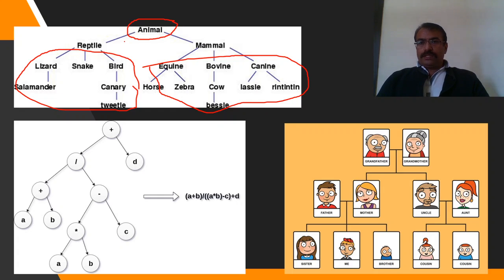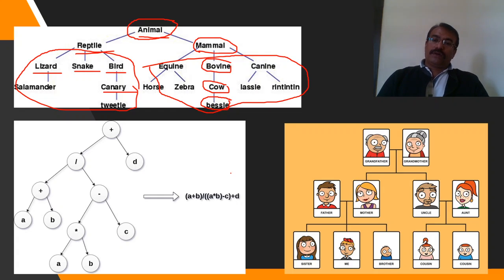So this is the main category animal, then subcategory reptile. In that also we have subcategories as snake, birds and lizards. In that also we have different categories. So the data is arranged in a hierarchical manner. If I'm asking what is basal? Basal is a cow. In general, it is a bovine category of animal, and it is basically a mammal. So this way we can organize the data.